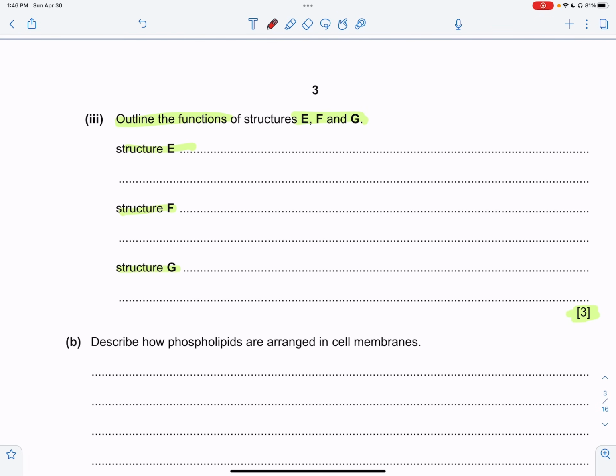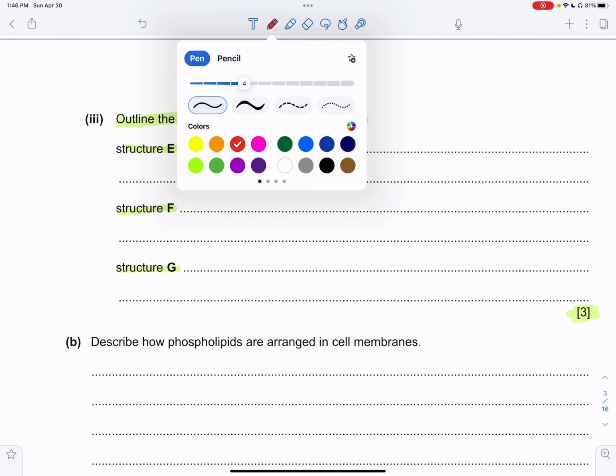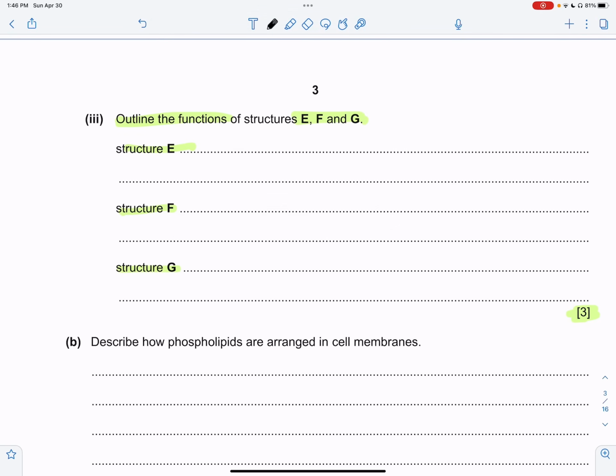This is not 6 marks, so you don't have to state the structure and then outline their functions. It is just outline their functions. Structure E is going to be the Golgi apparatus, and we could say it collects and processes molecules.